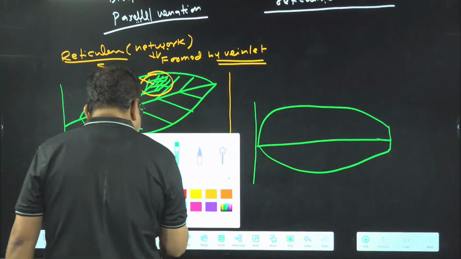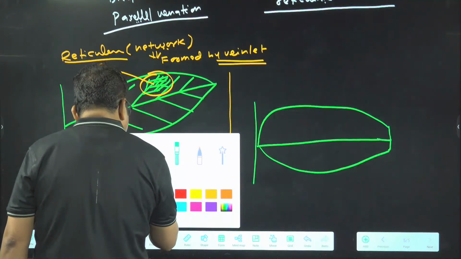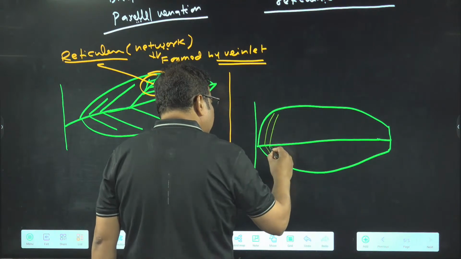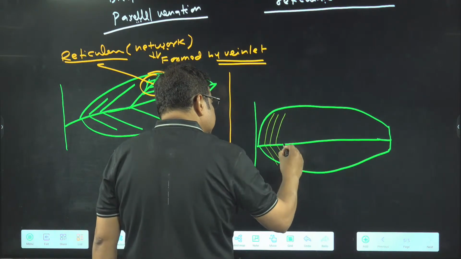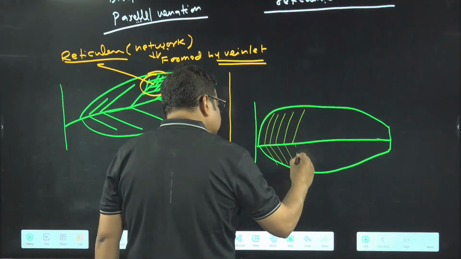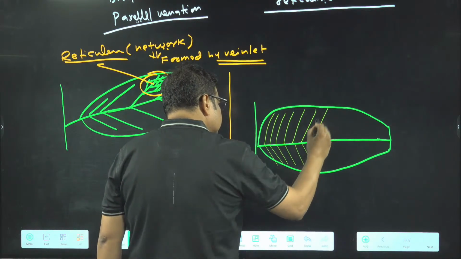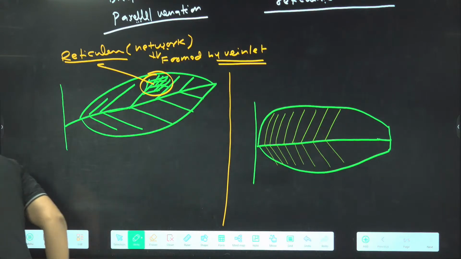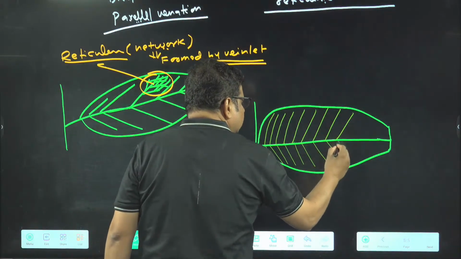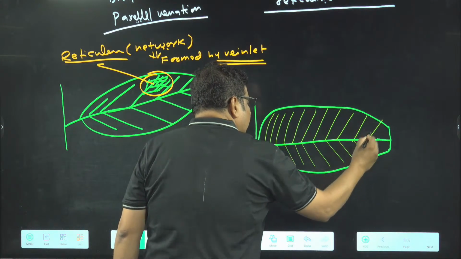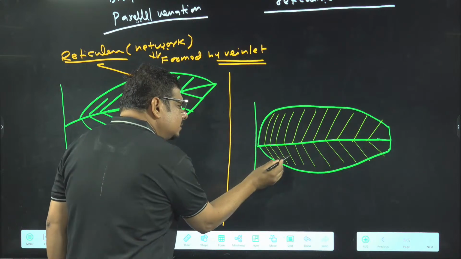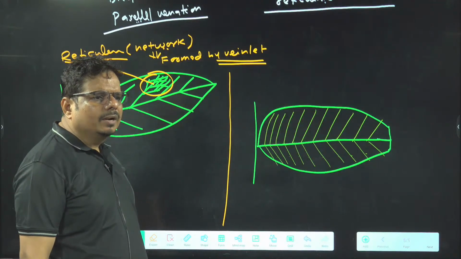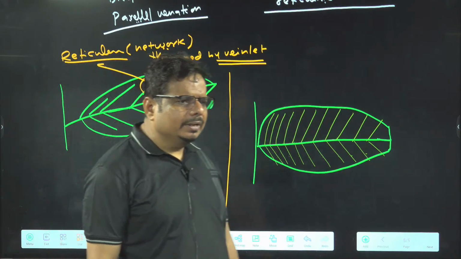In the banana leaf you will find parallel venation like this. See, these are all parallel to each other. All the veins are parallel to each other.